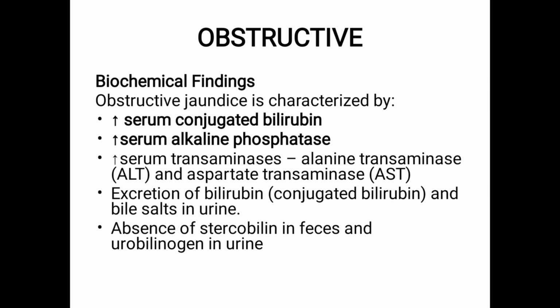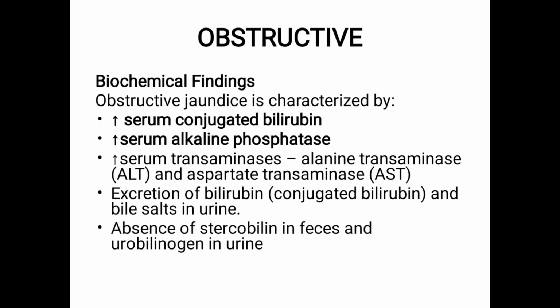So obstructive jaundice is characterized by increased conjugated bilirubin. There is an increase in serum conjugated bilirubin and serum alkaline phosphatase. Remember that there is obstruction in the flow of bile.